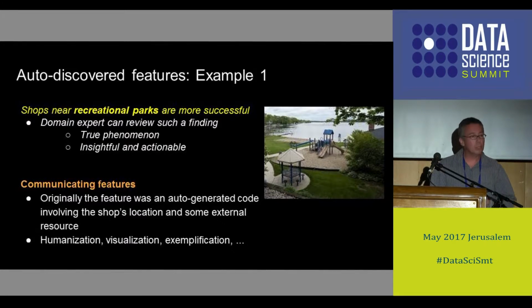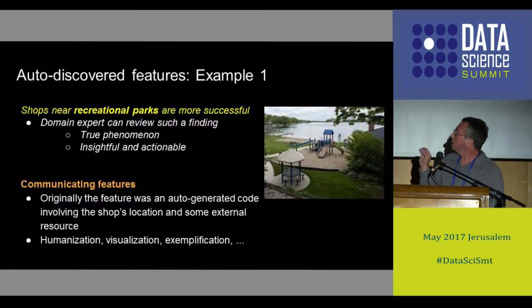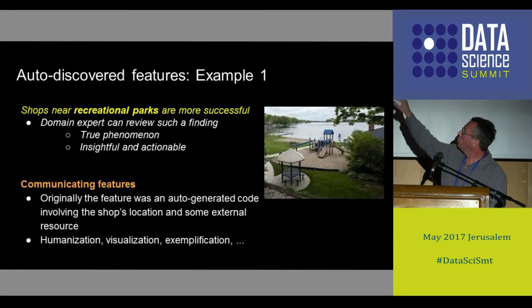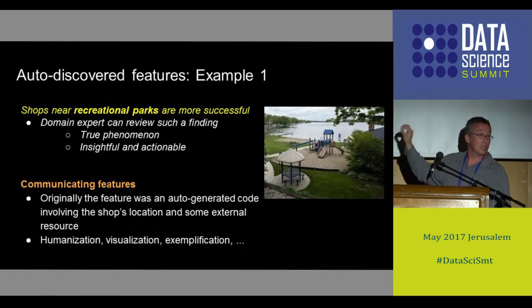And we invest a lot in a process that we call humanization, that automatically turns such code into human-readable statements such as the above. There are many interesting challenges around that. We also invest a lot in visualization, in giving meaningful examples, and so on, so users can really explore the features that the engine discovers.